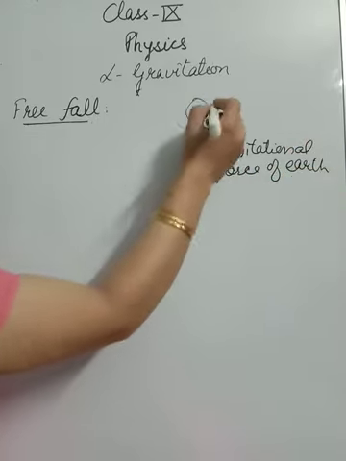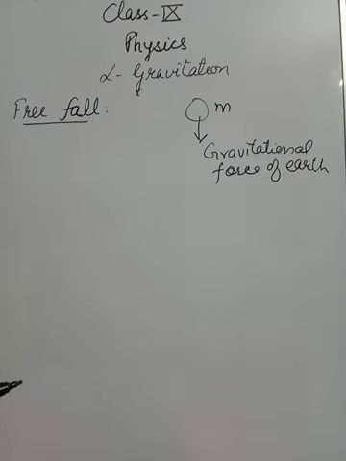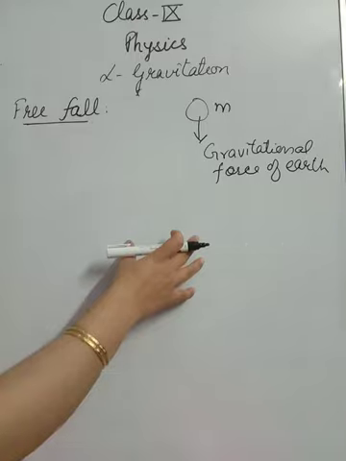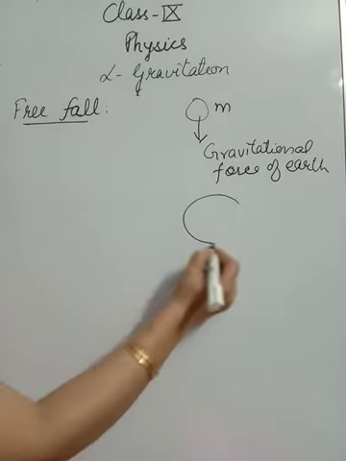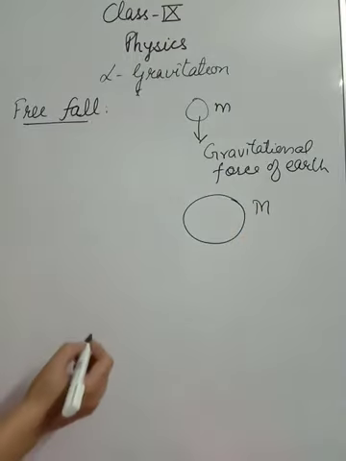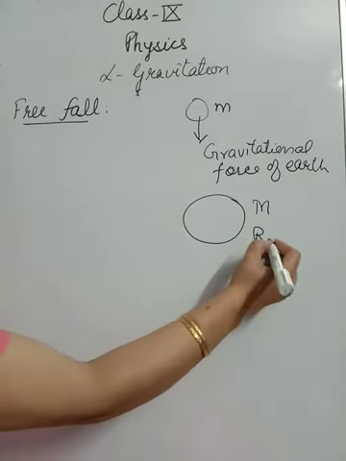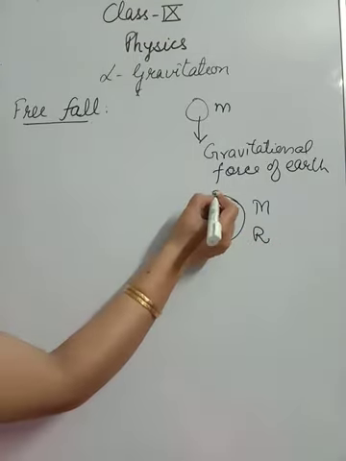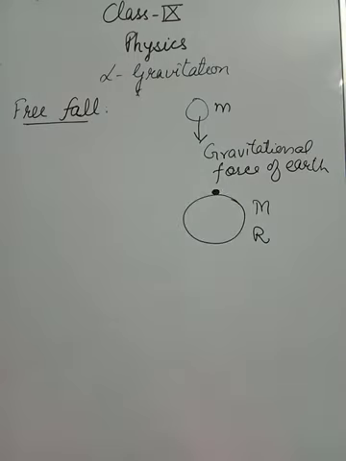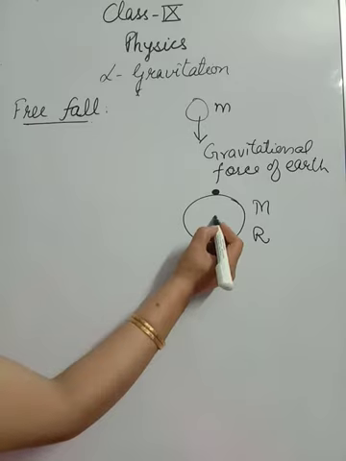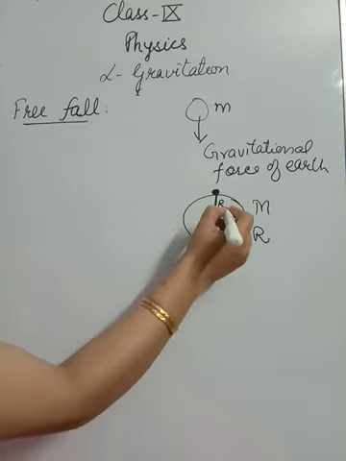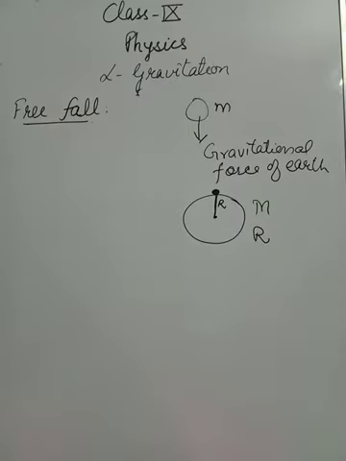Let us suppose that m is the mass of this object, so it is pulled towards the earth. Suppose this is the bigger earth, and capital M is the mass of earth, R is the radius of earth. For a small object on the surface of earth, the distance from the center of earth is almost equal to the radius of earth.